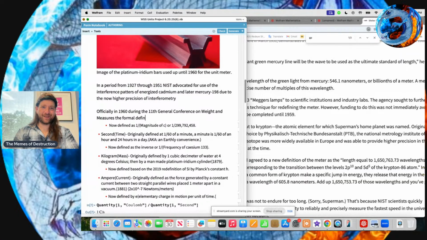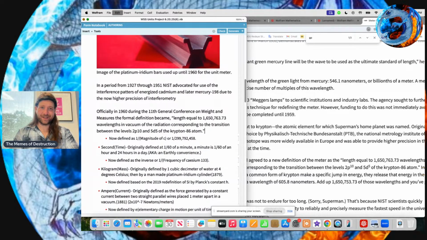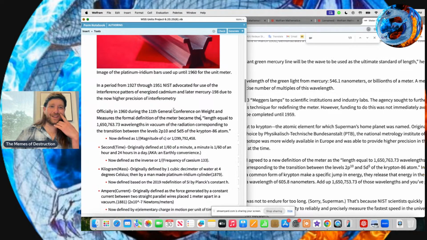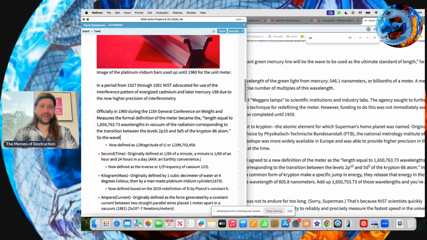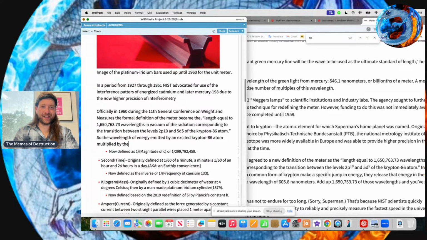The formal definition of the meter became the length equal to a certain number of wavelengths of the energy emitted by an excited krypton-86 atom, multiplied by the definitionally given number of wavelengths.